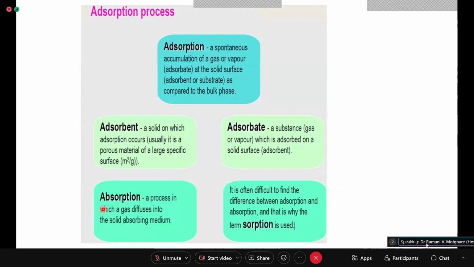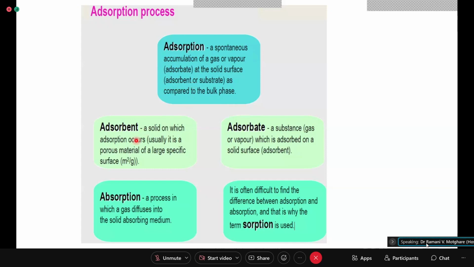Okay, so the adsorption process. Adsorption is a spontaneous accumulation of gas or vapor, or it may be solute from a liquid, at the solid surface as compared to the bulk. So you have a higher concentration of adsorbate on the surface of the adsorbent, that is termed as adsorption.